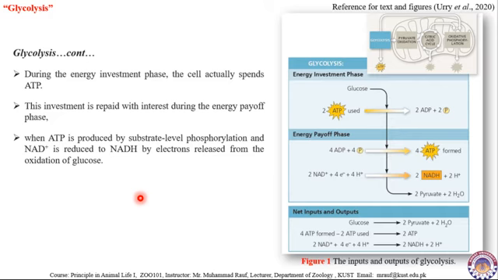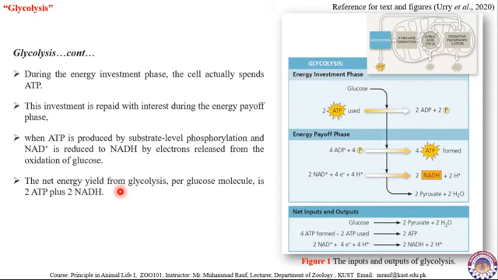So the bulk of ATPs are produced through oxidative phosphorylation, whereas up to 4 ATPs are produced through substrate level phosphorylation in the breakdown of a single glucose molecule.